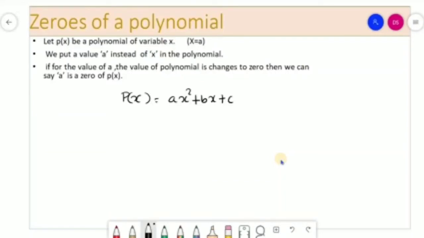I just want to replace the value of x with another value. Let's take x is equal to q. Now my polynomial will be converted like this.